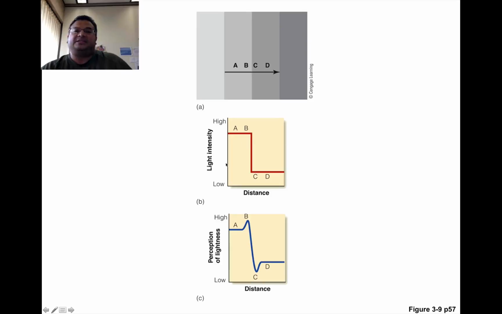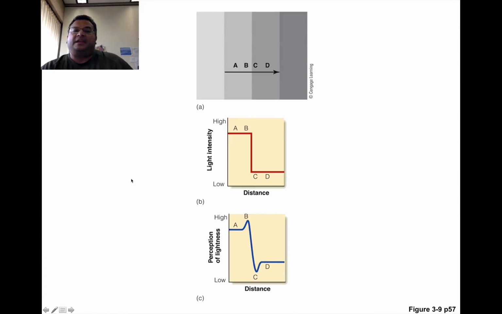It's not this, it's this, where B and C are the border spots. So B is next to the dark border and C is next to the lighter border. The borders are going to represent a light band on the B side and then a darker band on the D side.